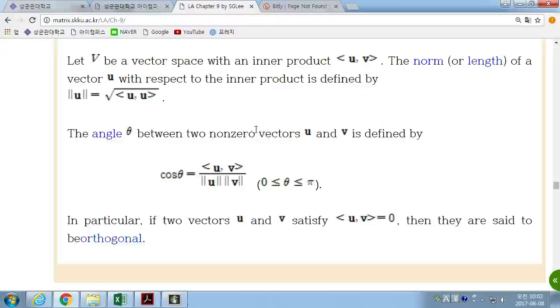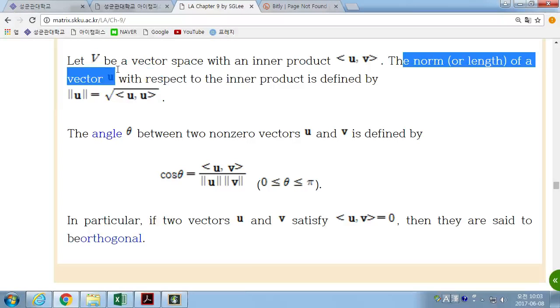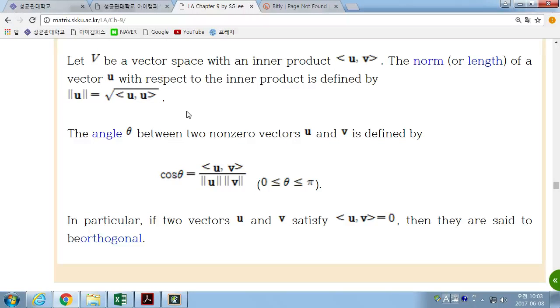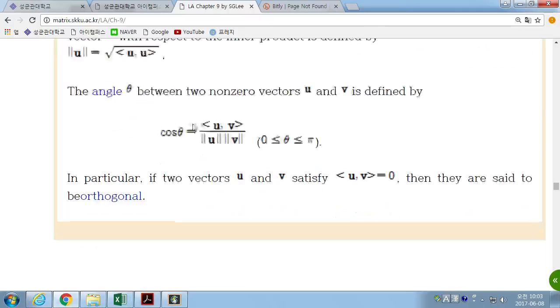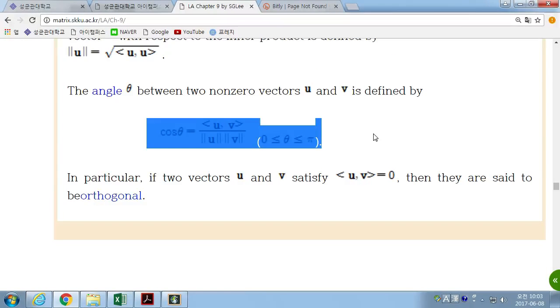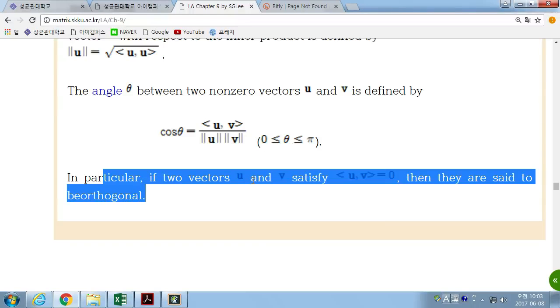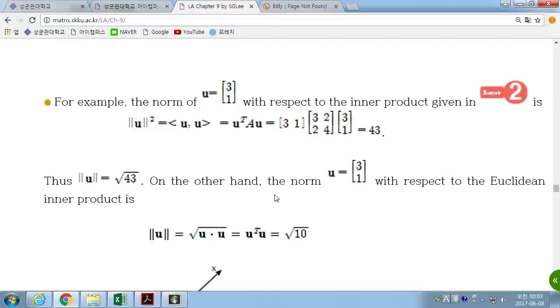Norms and angles. Let V be a vector space with an inner product of U and V. The norm, or length, of a vector U is defined as the square root of the inner product of U and U. Like before, the angle between two non-zero vectors U and V is defined in the same way, using the inner product. Norms follow from the inner product. Two vectors are called orthogonal if the inner product is equal to 0.